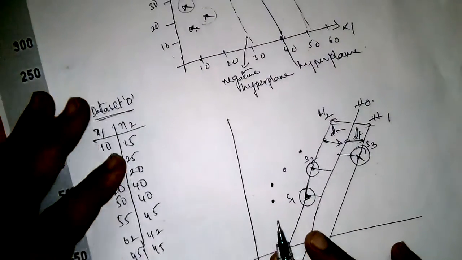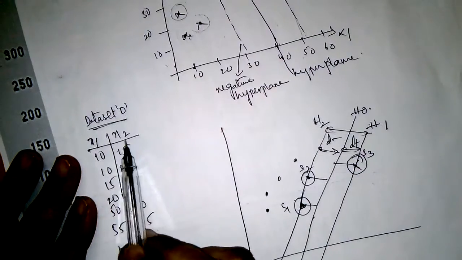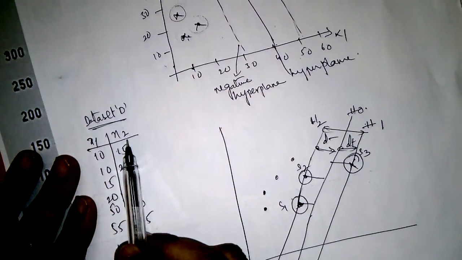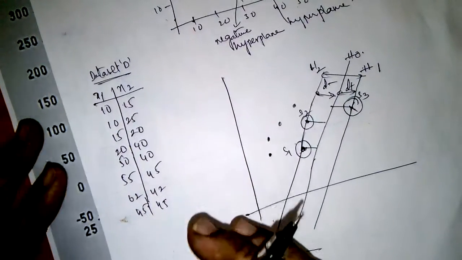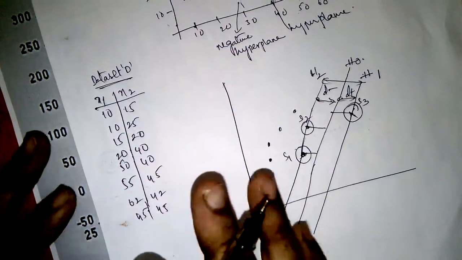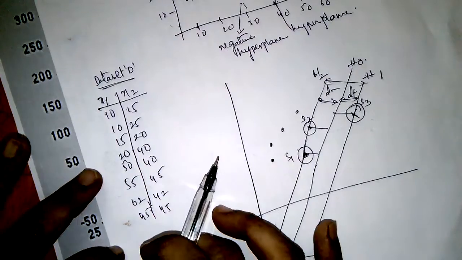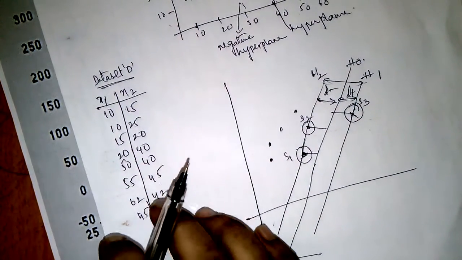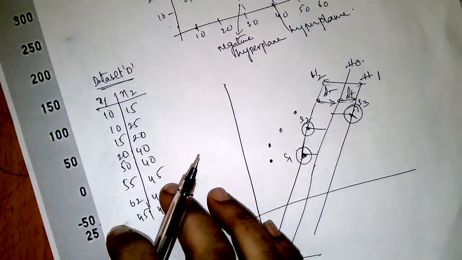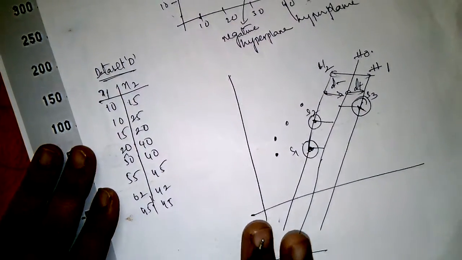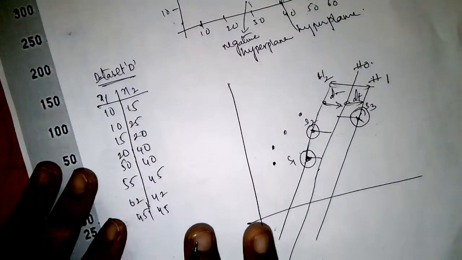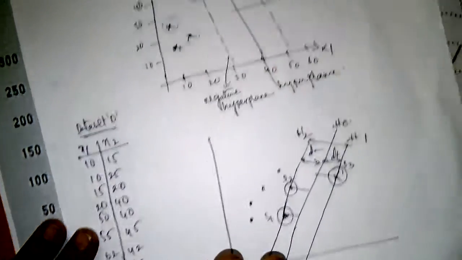Now we have to construct a classifier for this to predict a class for new data. So how will we construct a classifier using support vector machines?